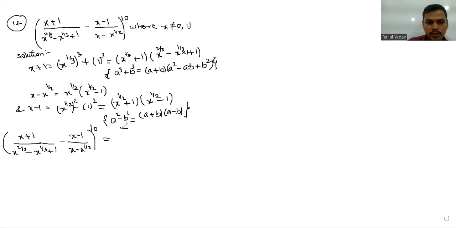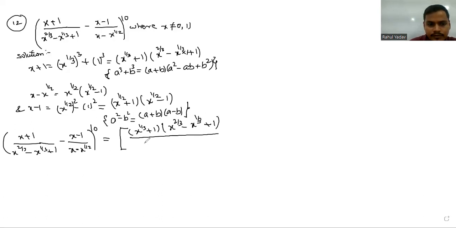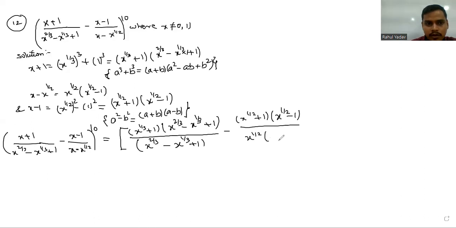At the place of x + 1 we substitute (x^(1/3) + 1)(x^(2/3) - x^(1/3) + 1), divided by (x^(2/3) - x^(1/3) + 1), minus, at the place of x - 1, we write (x^(1/2) + 1)(x^(1/2) - 1), divided by x^(1/2)(x^(1/2) - 1).